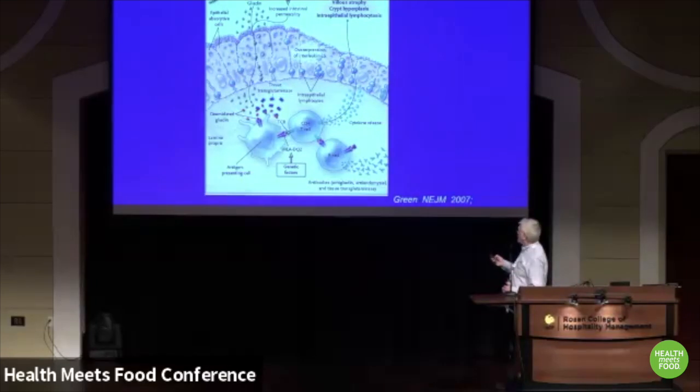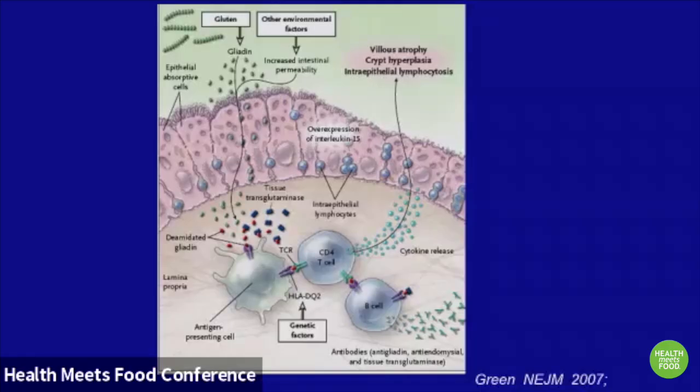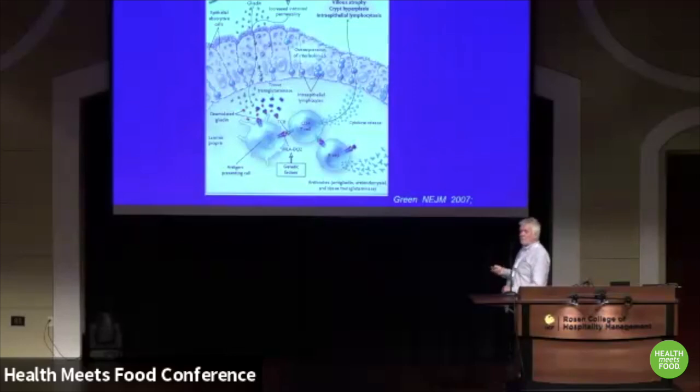And so what happens is these large gluten molecules traverse the intestine, and that's happening all the time in all of us, and I'll get back to that. And so they come through into the lamina propria of the intestine, and maybe you've got gastroenteritis at the time, and the enzyme tissue transglutaminase that's ubiquitous will activate this.